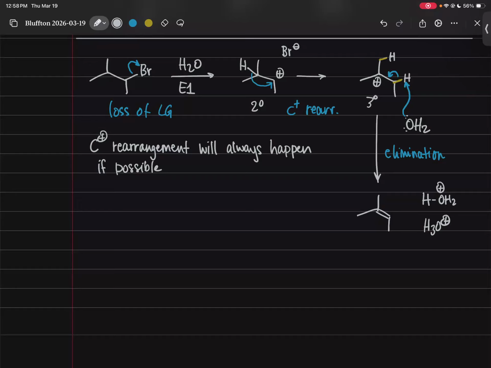Questions on what carbocation rearrangements look like in SN1 and E1 mechanisms?